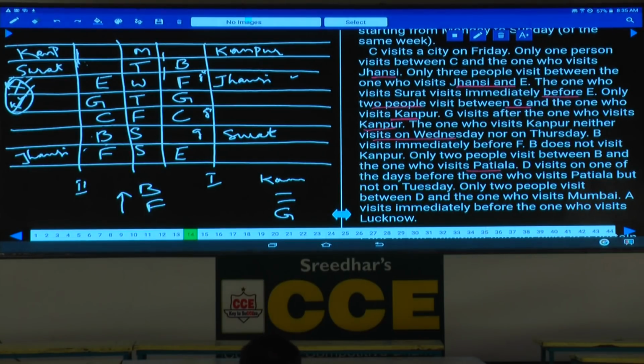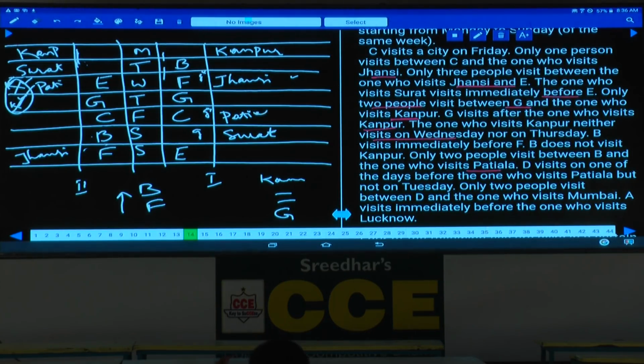How many persons between B and Patiala? There are exactly 2. Only 2 persons between B and Patiala. Where should this Patiala be? The person from Patiala must be on Wednesday. And only 2 people between B and Patiala, hence Patiala must be on Friday. D visits on one of the days before the one who visits Patiala, but not on Tuesday.